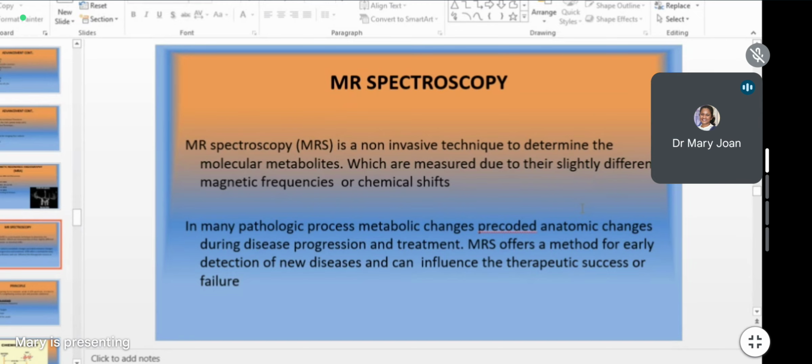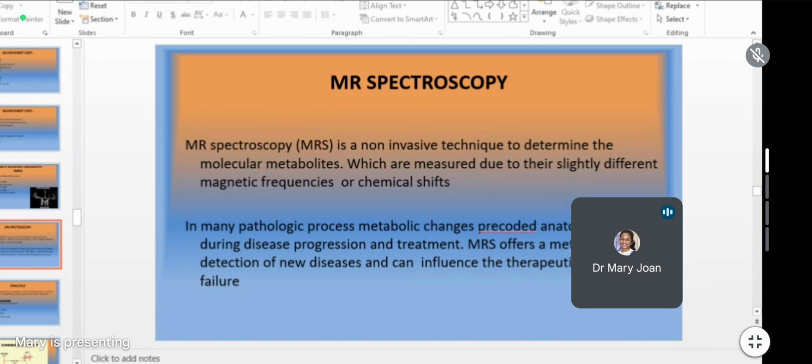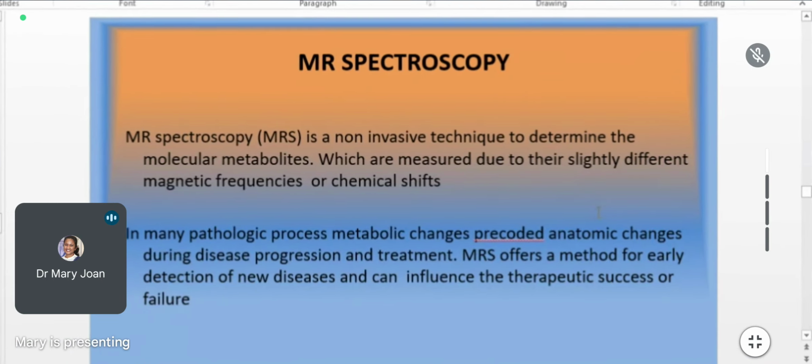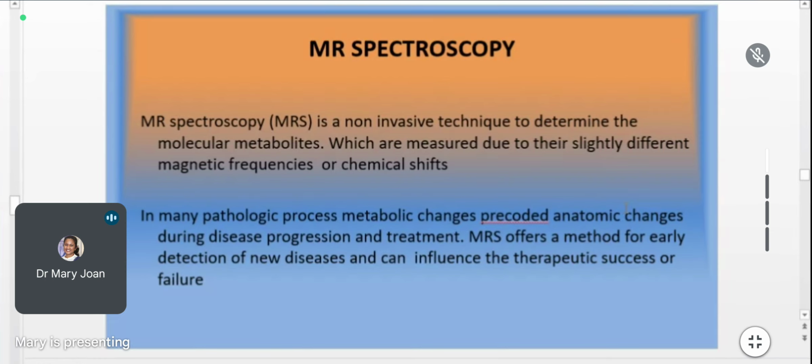That could be detected and made into an image format by using an MRI. In many pathological processes, metabolic changes precede anatomic changes during disease progression and treatment. MRS offers a method for early detection of new diseases and can influence the therapeutic success or failure.